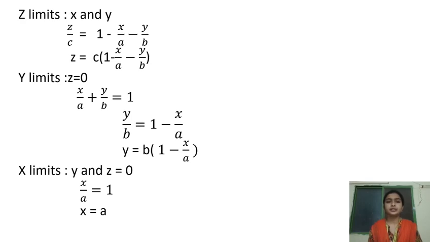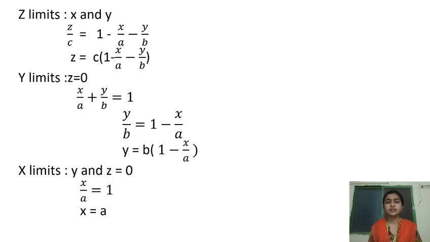Limits. We have to set the limits. Z limits in terms of x and y. Z by c equals 1 minus x by a minus y by b. Here c is dividing, it goes to the left side, it becomes multiplying. So z equals c into 1 minus x by a minus y by b. Now y limits.